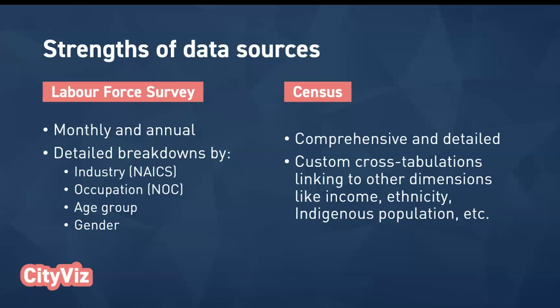Those custom cross tabulations are sometimes available already, ready-made on the Statistics Canada website. Sometimes, if you require something which doesn't already exist, it's possible to request custom cross tabulations from Statistics Canada, and all the data that Statistics Canada produces is open by default through their Open Data License and Statistics Act.